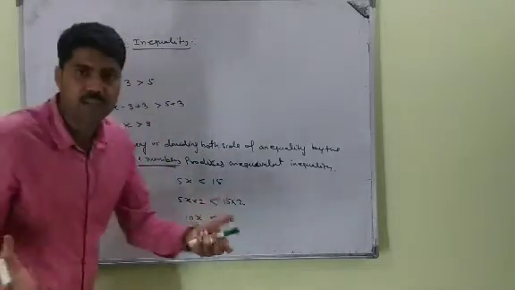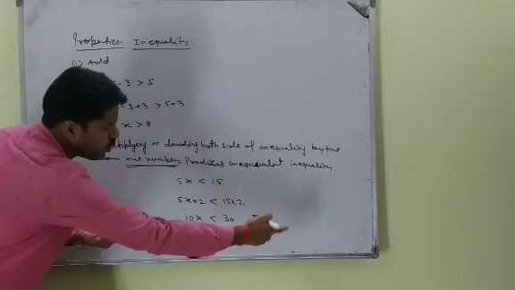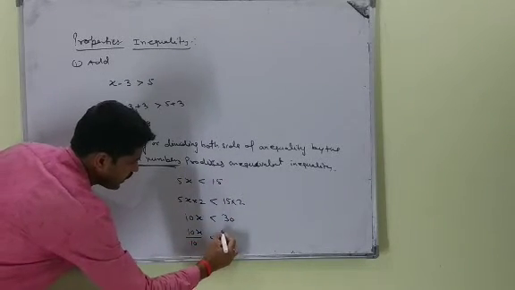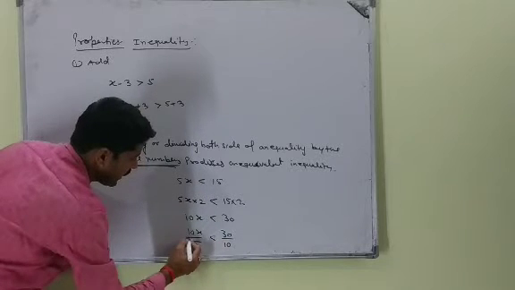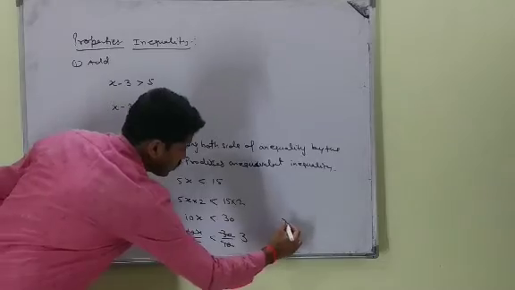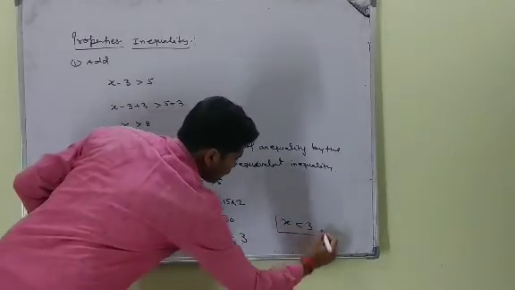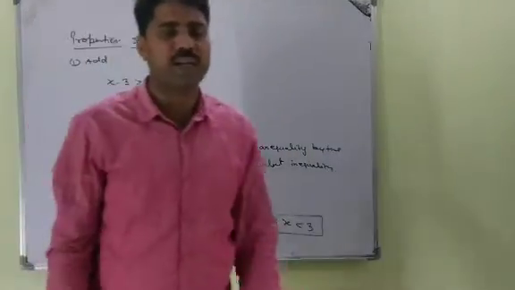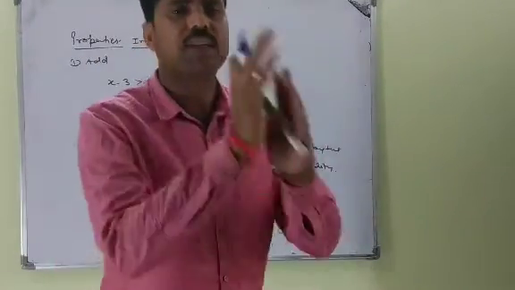We can apply division on both sides. Suppose I divide both sides by 10, so 10x divided by 10, 30 divided by 10 is 3. So you got x less than 3. This is the property: the same operation is applied on both sides, so the same effect on both sides.